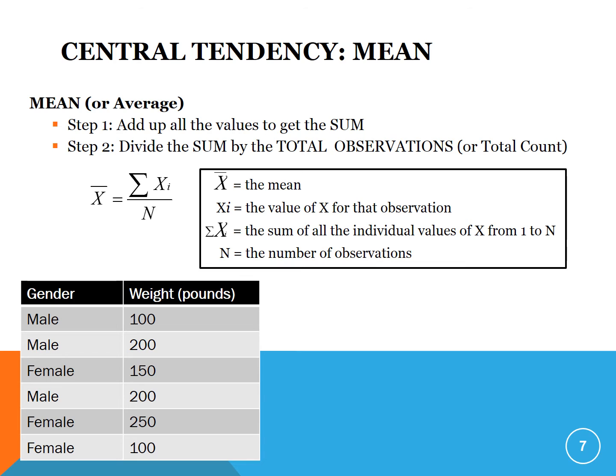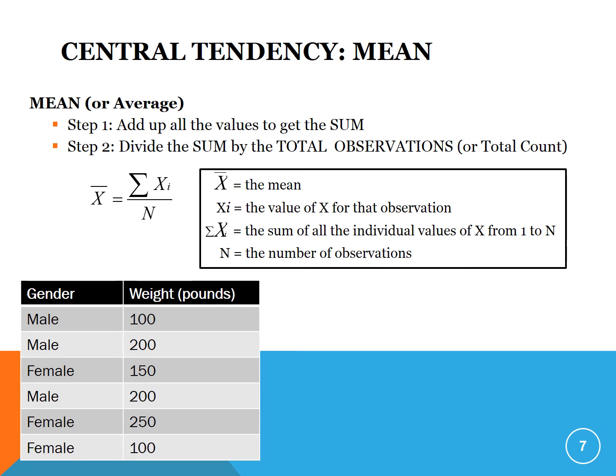The way you calculate an average is you add up every value, right? So for the table we see here, we have male, male, female, male, female, female, and how much they weigh in pounds. If we want to get the average weight here, step one says to add up all the values to get the sum.